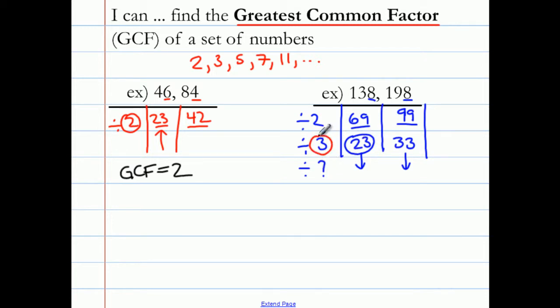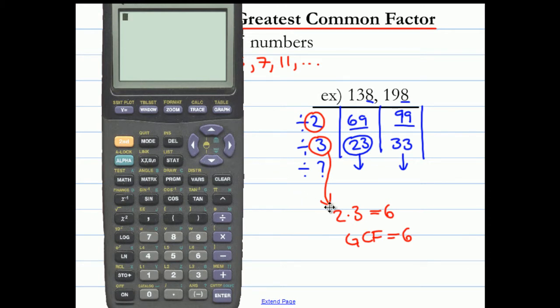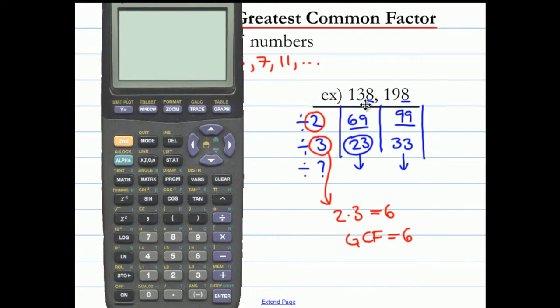So we take these two numbers we divided by and multiply them together, and that gives me the greatest common factor. 2 times 3 gives 6, so the greatest common factor is just 6. Let's check that this greatest common factor of 6 fits into 138 and 198. Let's try 138 divided by 6. That works. If I do 198 divided by 6, that also works.